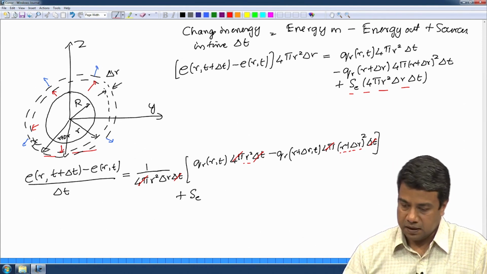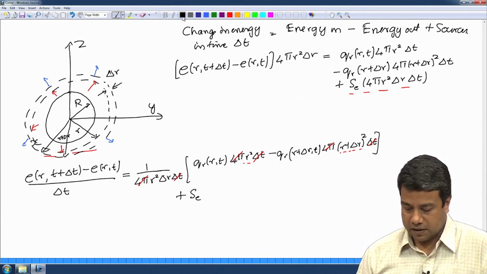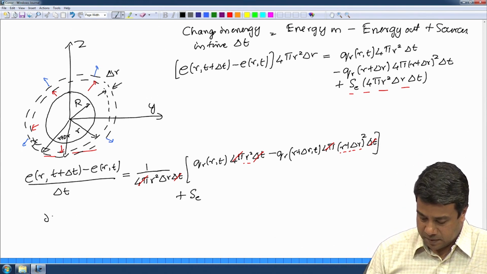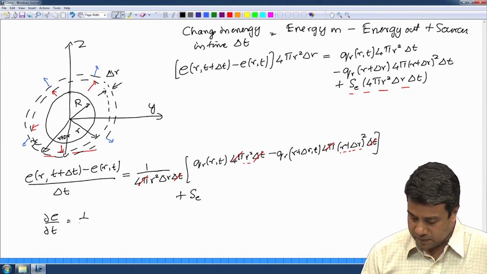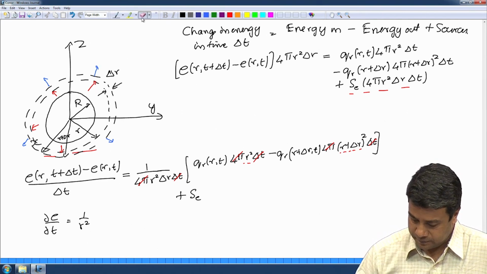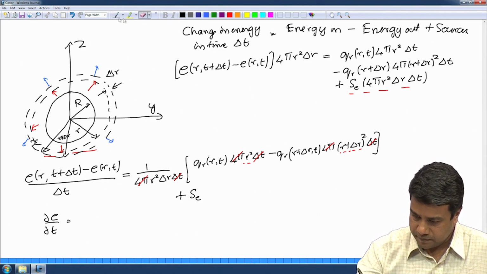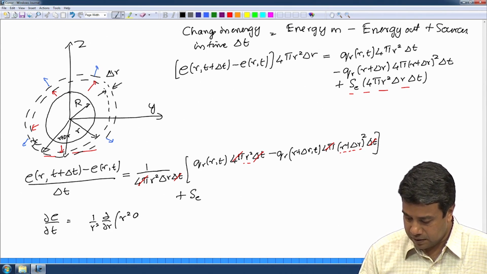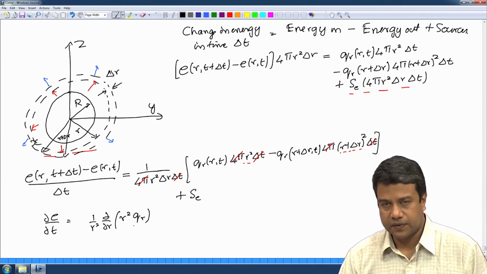And if I take the limit as delta t goes to 0 and delta r goes to 0, I will get partial E by partial t is equal to minus 1 by r square d by dr of r square q_r.